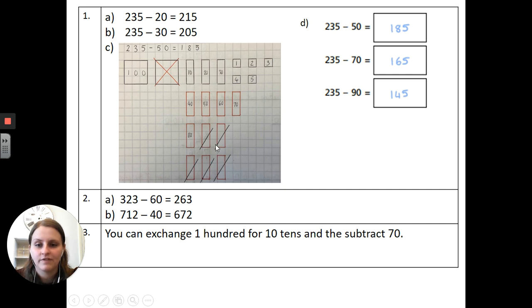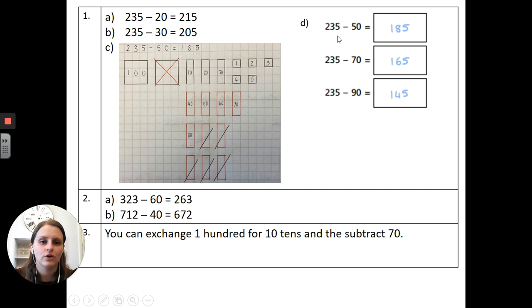So I've crossed out 5 of those 10s. So that would be 50 gone. So now I can see I've got 100, I've got 10, 20, 30, 40, 50, 60, 70, 80. Then I've got 1, 2, 3, 4, 5. So my answer will be 185. If you haven't worked it out like that, that's absolutely fine. Just wanted to demonstrate how that should be set out if you had done it in base 10.